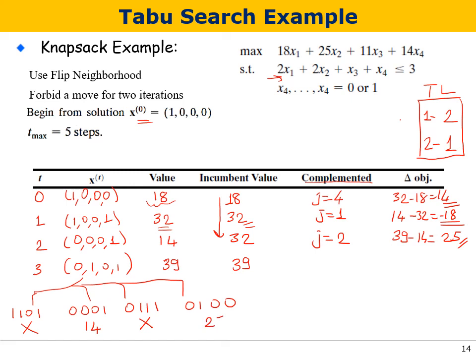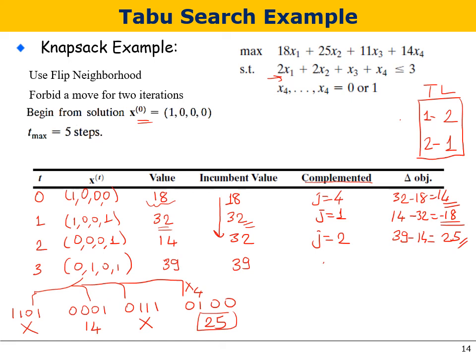So among these, this one has the best objective function value, which is obtained by complementing variable x4. And when you look at the taboo list, x4 is not in the list now, so I can make this move. So we temporarily forbid that move, and now we can do that move again.